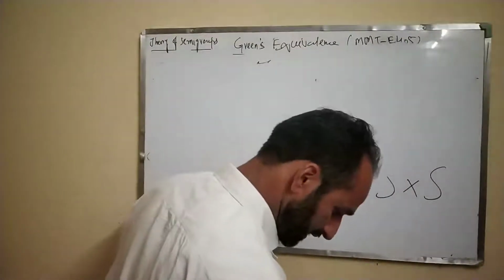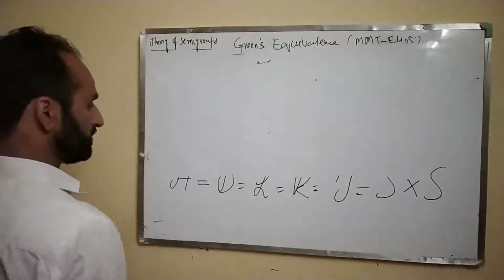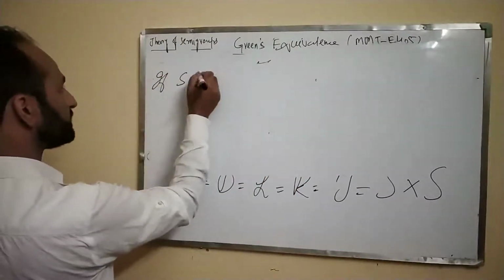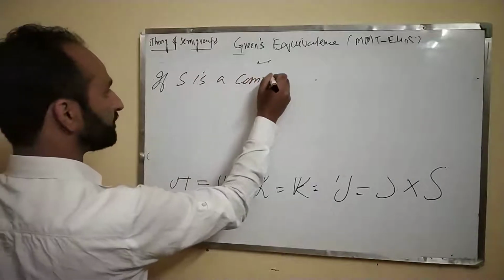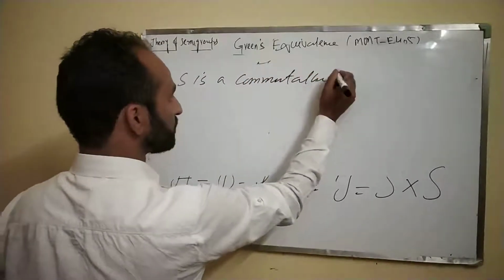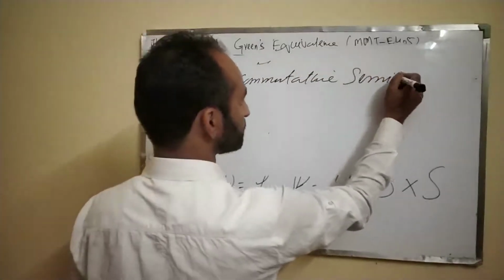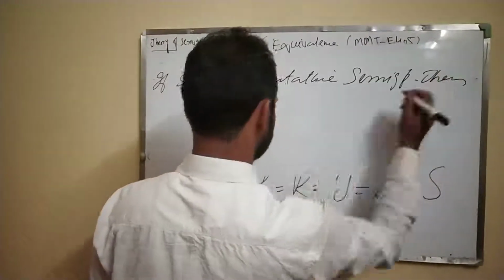So let's also, in case of commutative semigroups, if S is a commutative semigroup, then they are also equal.